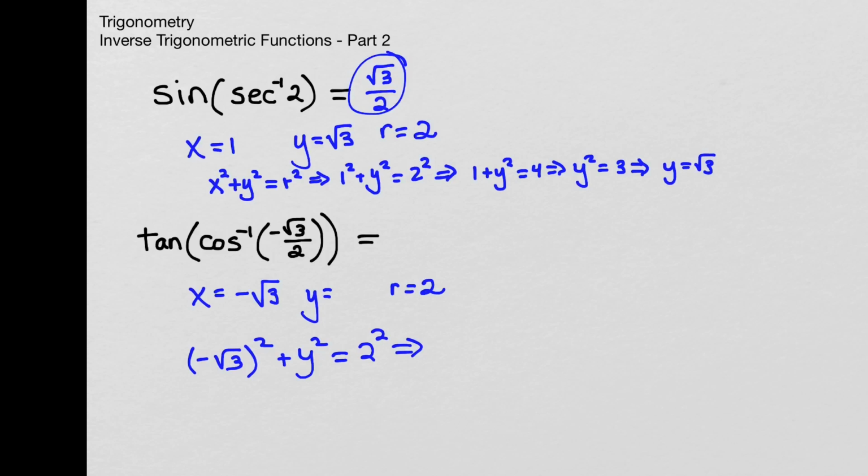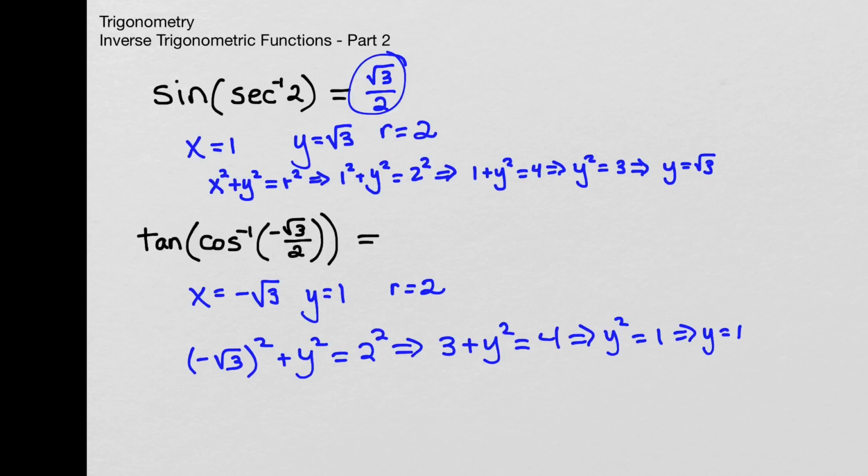And if you realize that this is going to be one of our standard angles that we usually work with, then you'll realize that y has to be 1, but otherwise you can just go ahead and finish solving this. And we get y squared is 1, and so y has to be positive 1 because, again, we're working in quadrant 2, and so y is positive in quadrant 2.